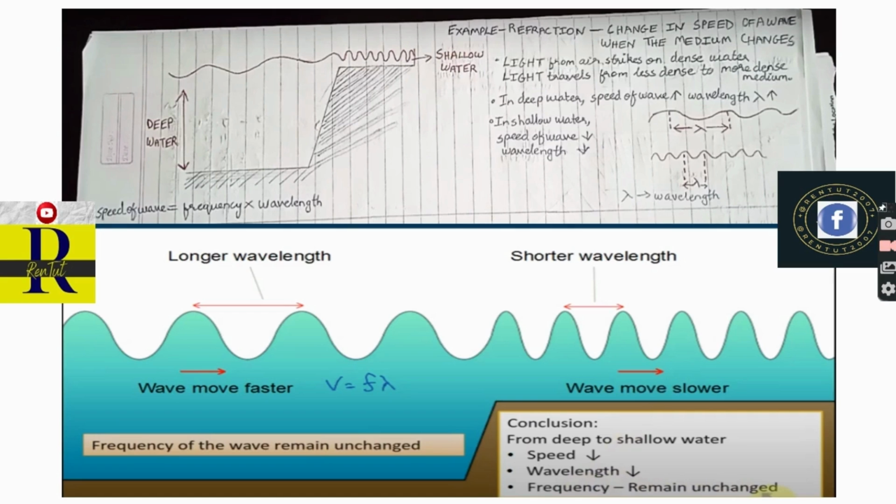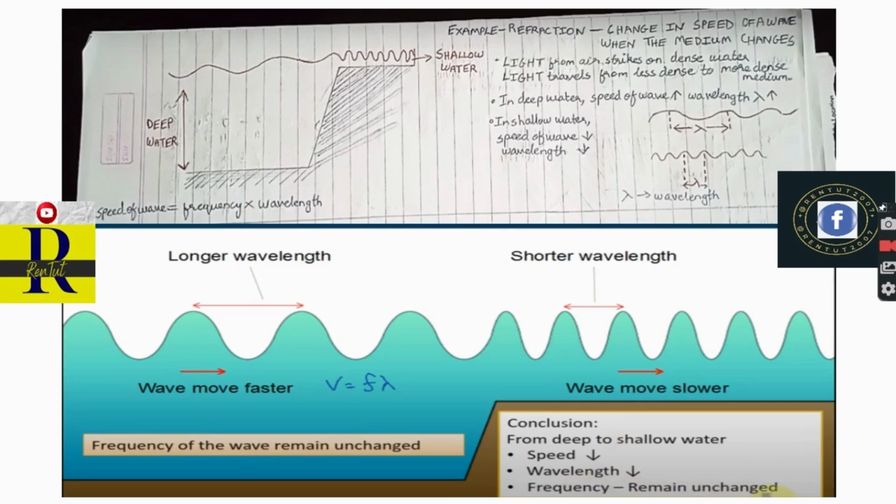Frequency of the waves remains constant, whereas the speed of the wave is spread out in the deep water, and in shallow water it is much more together. So the wave is much slower in shallow water, and the wave moves faster in deep water.